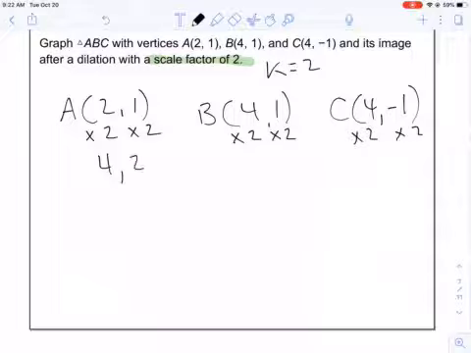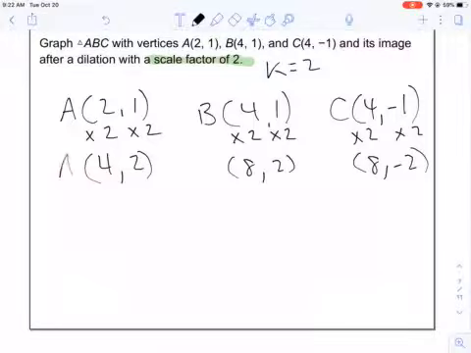So (4, 2), (8, 2), (8, -2): A prime, B prime, C prime. Now let's graph this just to see what happens.